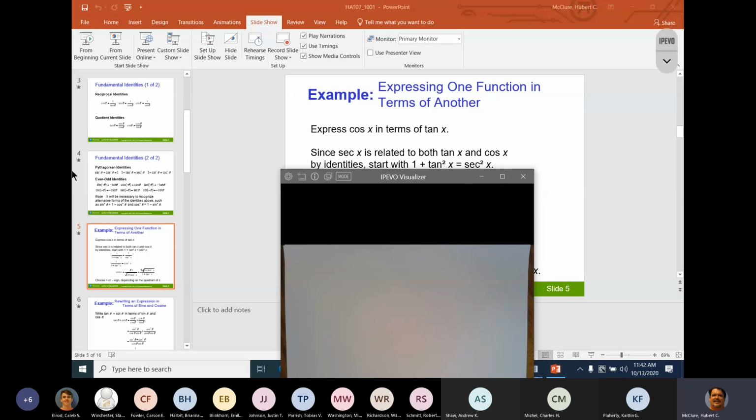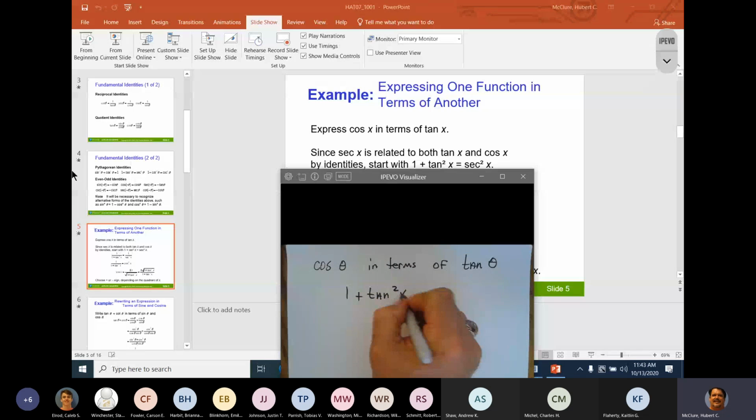So I'm going to rewrite cosine in terms of tangent. Tangent, theta, x, it doesn't matter what you use as a variable. So I'm going to use 1 plus tangent squared is equal to secant squared. Theta, x, whatever.